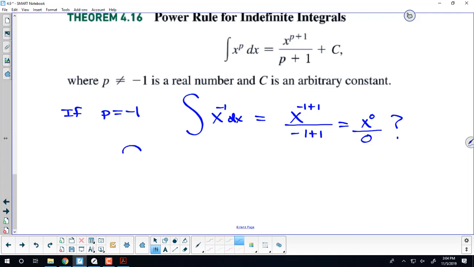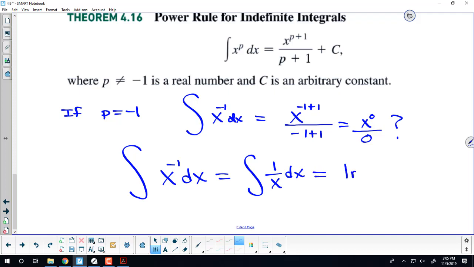So how do you actually take the antiderivative of x to the negative 1 power? It's just 1 over x. What's the antiderivative of 1 over x? Natural log. So when p is negative 1, the antiderivative is the natural log.